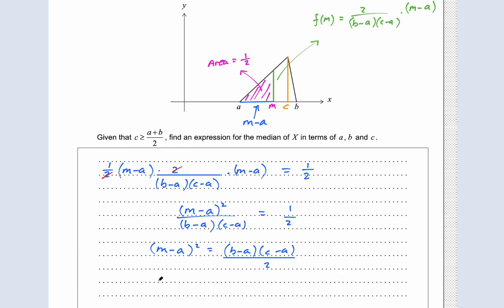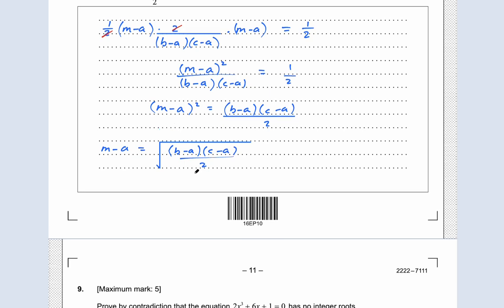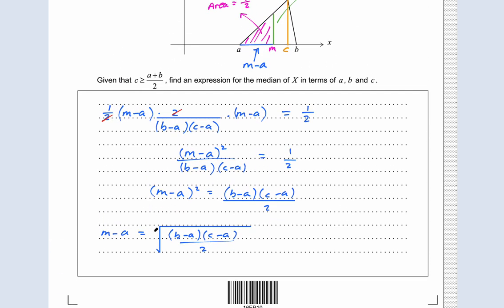Then m minus a has to equal the square root of this, the square root of (b minus a)(c minus a) over 2. Now, it's plus or minus this.